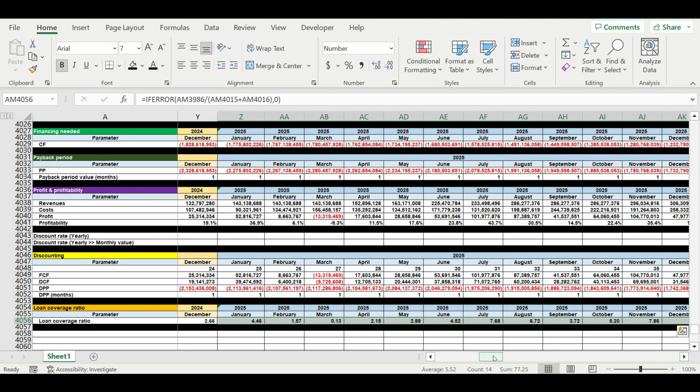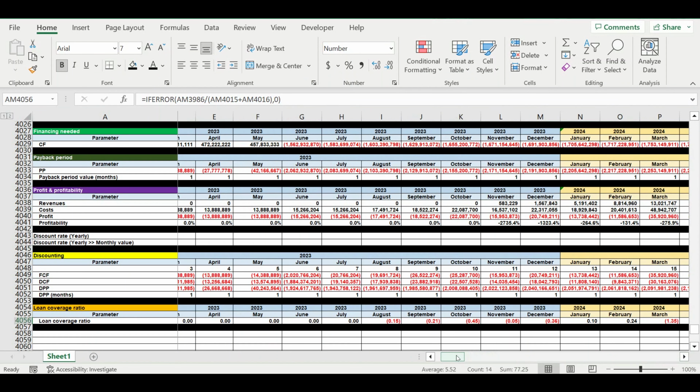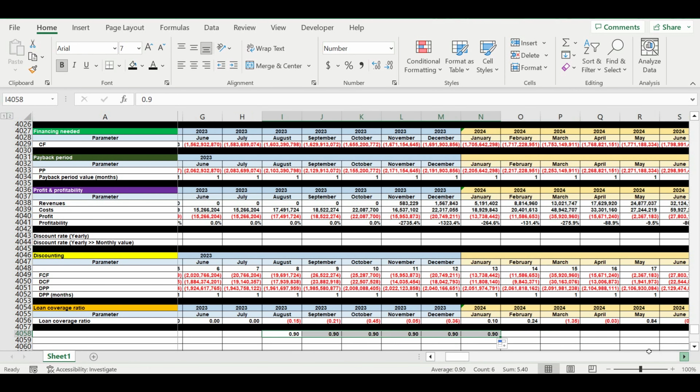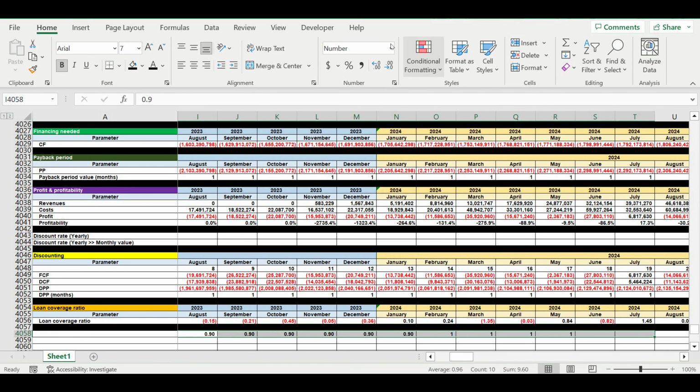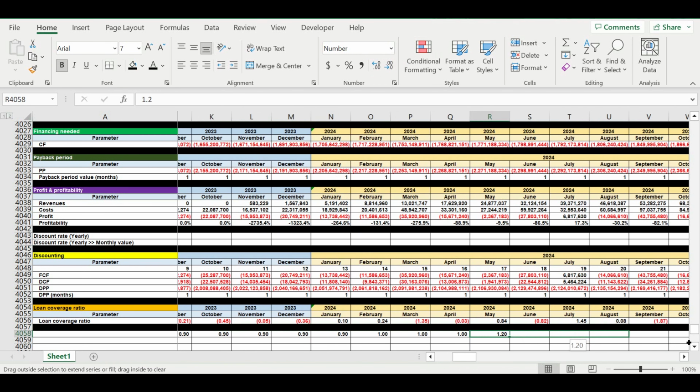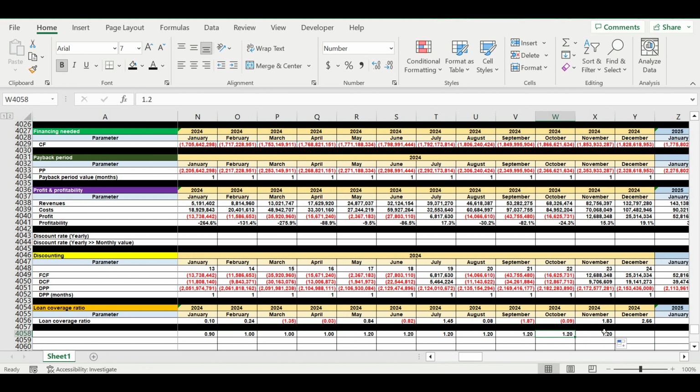And very often business starters see that the loan coverage ratio is, for example, 0.9 for a long period of time, then it goes to 1, then to 1.2, and then it is, for example, 1.8 and slightly rises.